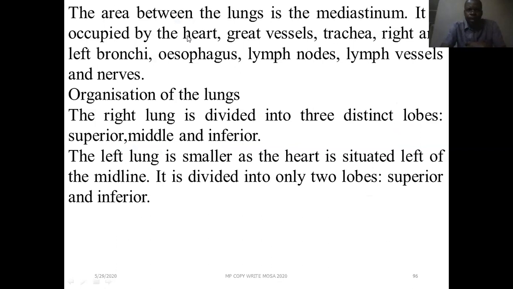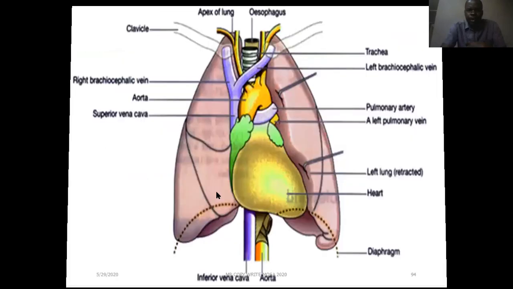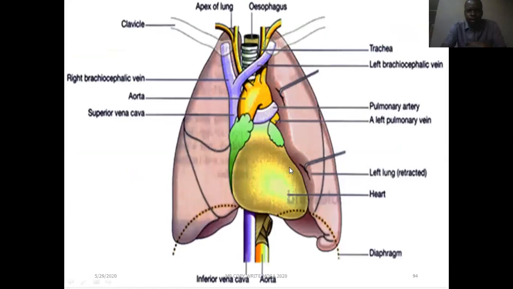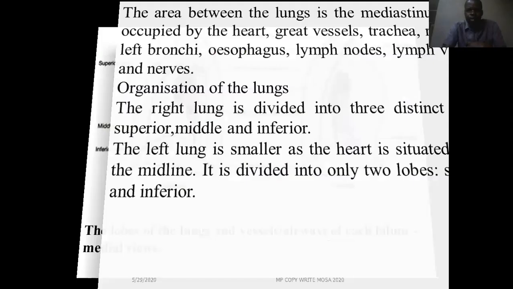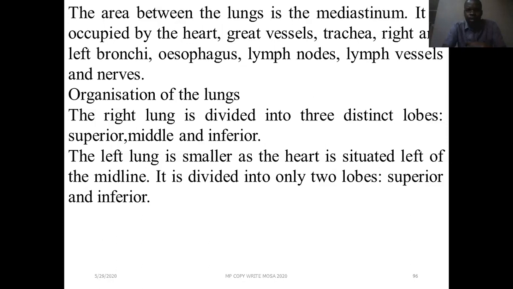It is occupied by the heart, great vessels, the trachea, right and left bronchi, esophagus, lymph nodes, lymph vessels, and nerves. This is the area which we are describing. That's the mediastinum area. It is occupied by the great vessels and the heart, which we already mentioned.